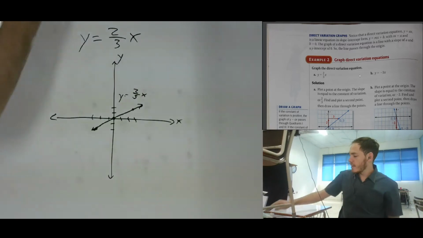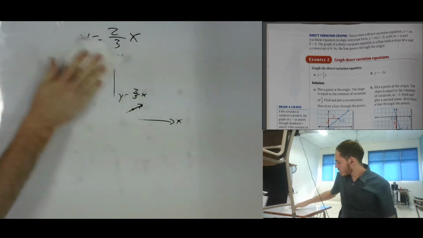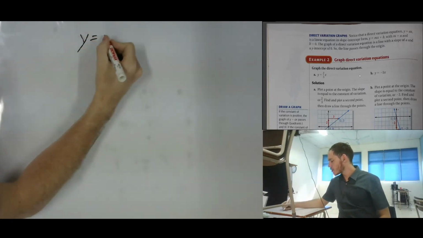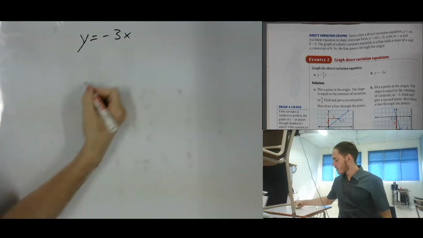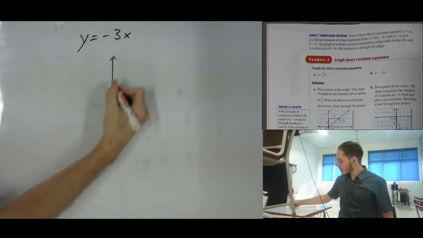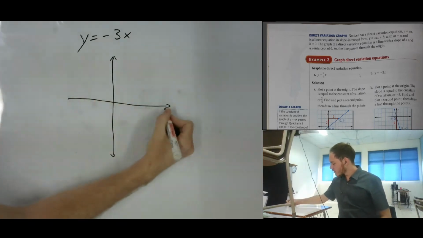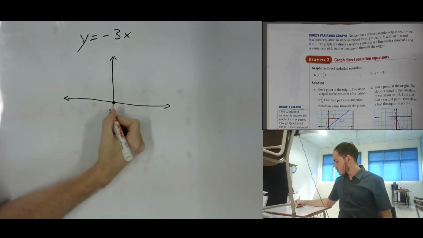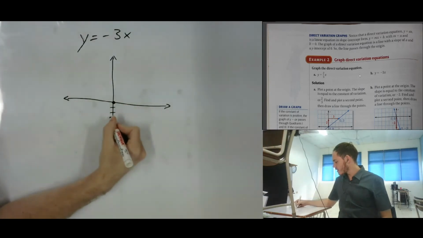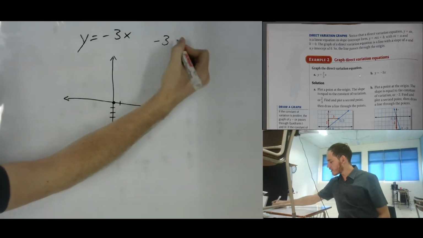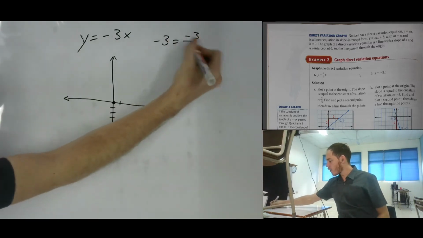Okay, what about negative? Let's look at one more example. What if we had y equals -3x? Now remember, slope is rise over run, so it's change in y over change in x. So our change in y is down 3 as we go to the right 1, because -3 is just -3 over 1.